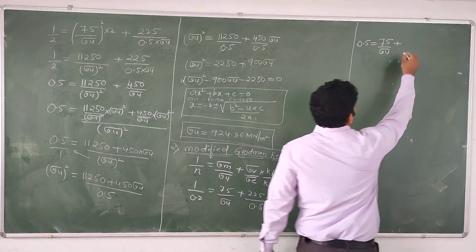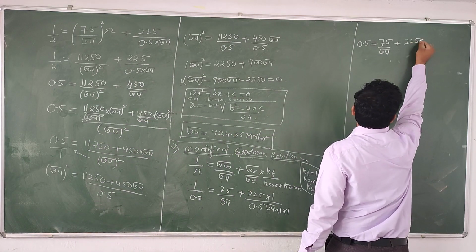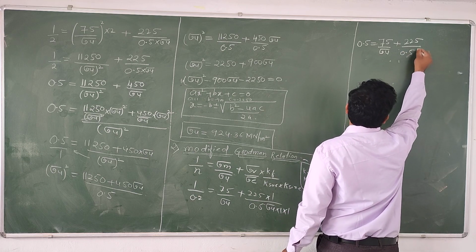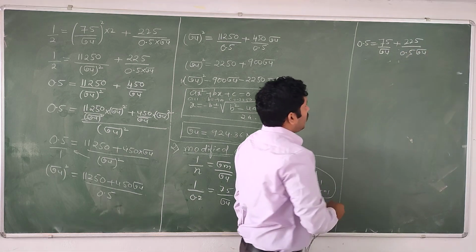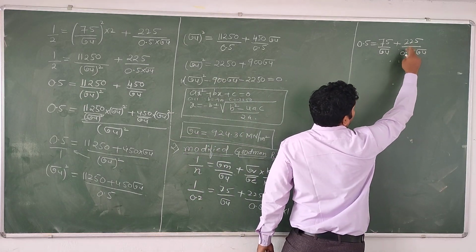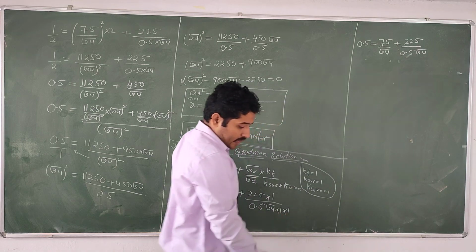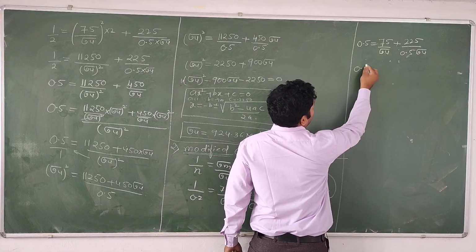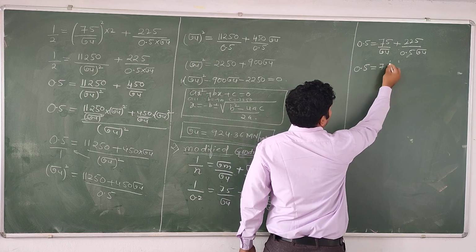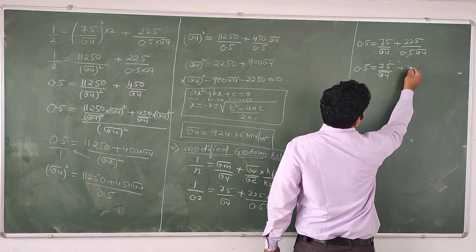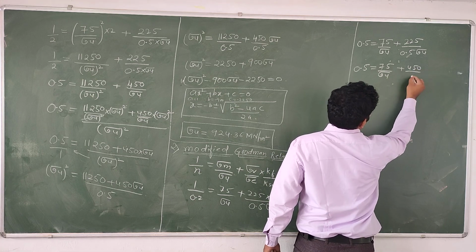Then you need to divide 225 by 0.5, and you will get the value 450. So 0.5 equal to 75 by sigma u plus 450 by sigma u.